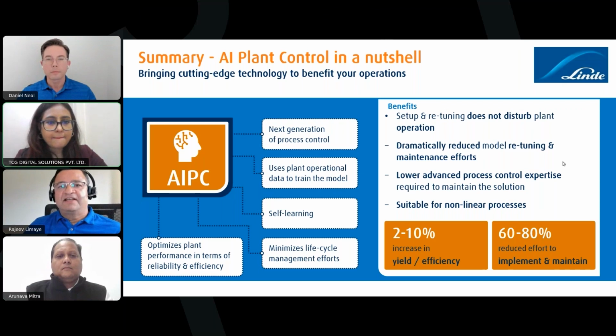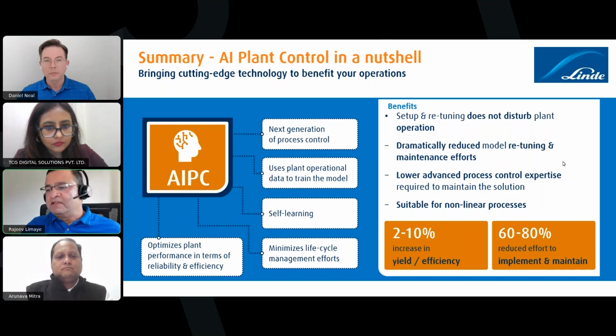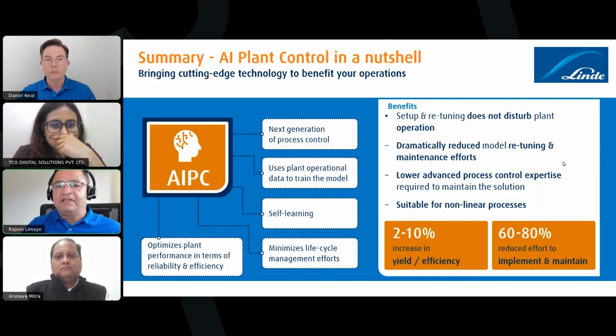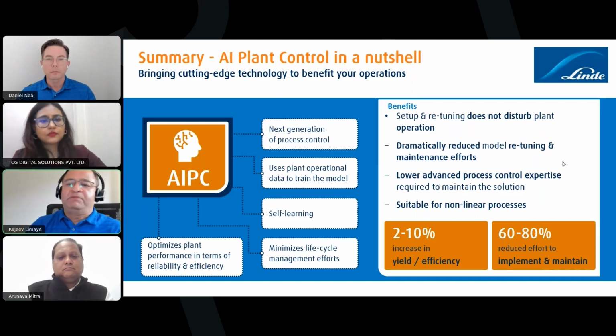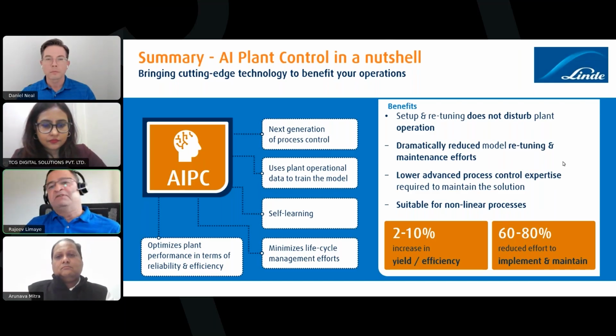Oh, okay, yeah, that's a good question. So typically in plants or sites where there are multiple units, like a refinery, there are upstream and downstream units. So typically AIPC will be functioning at each of the units as a model predictive control type of application. And we will need an RTO on top of this if we have to achieve a site-wide optimization or site-wide objective function.